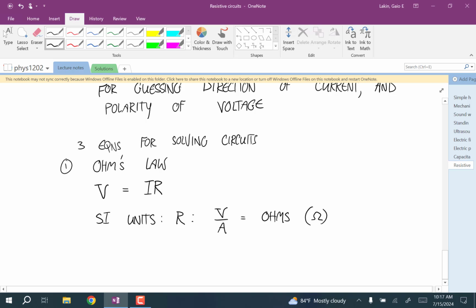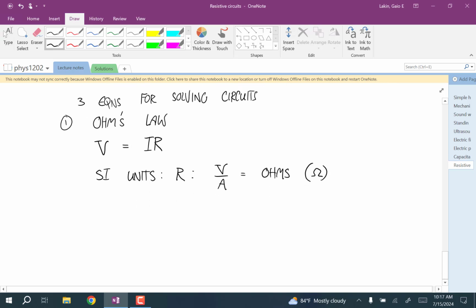Okay, so what the first equation says is that we don't really have to think about the voltage of the resistors to start with, because if we can find the current through the resistors, we can just multiply by the resistance and that'll give us the voltage. Okay, so that's the first one. The second one is called Kirchhoff's current law.